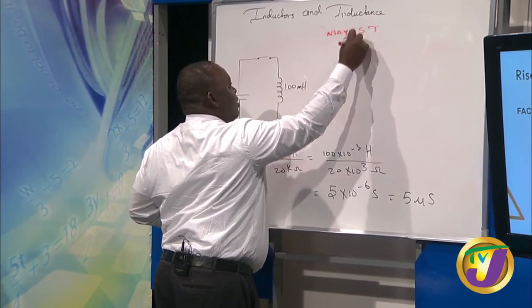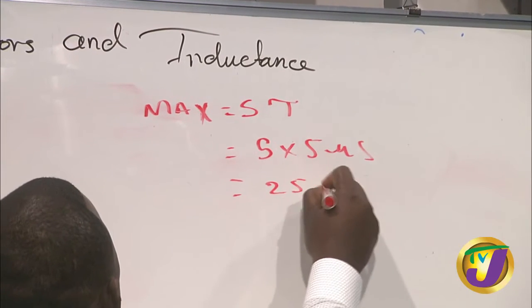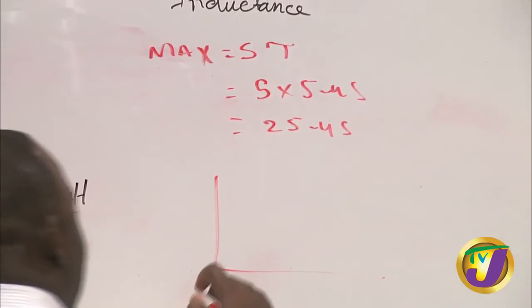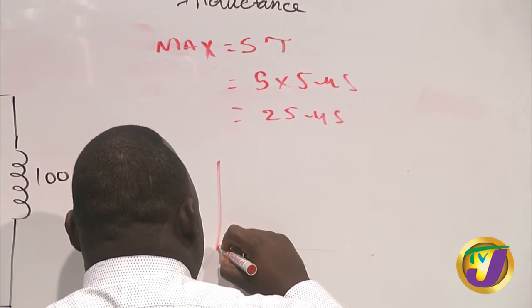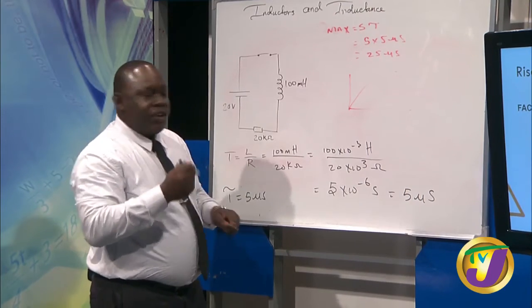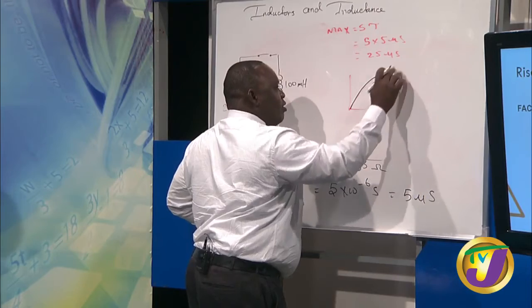So maximum is equal to 5 tau. 5 times 5 microseconds equals what? 25 microseconds. So if you remember your graph, remember we mentioned that your inductor current will be rising. So let us just use this color. Your inductor current will be rising.